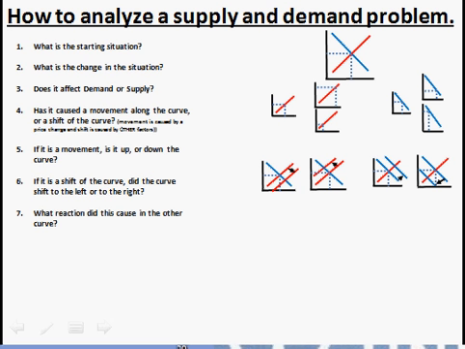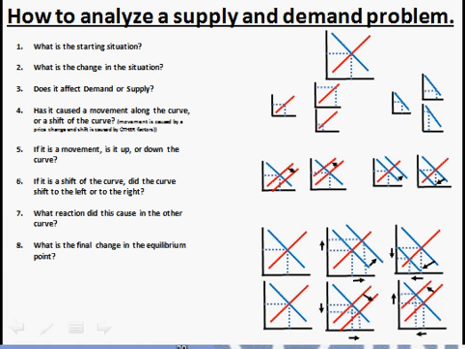What will be their reaction to that shift? And the reverse, if we're talking about a shift of the demand curve, then what will the suppliers see as a result or a reaction to that shift? Now the 8th question you want to ask yourself is, after all this is done, what will happen to the new equilibrium point? Where will it be?